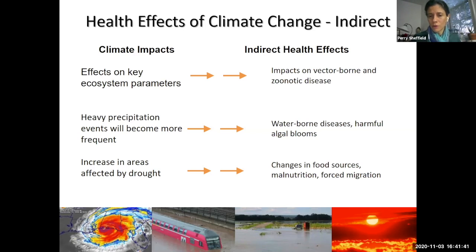There was a water system in Ohio a few years ago that had to shut down its operations because the algae growing in the surrounding lakes feeding their water system had become so overgrown. That's also often fed by fertilizer runoff that fertilizes the algae, so to speak, or causes something called eutrophication. And the third example is that an increase in areas affected by drought could have a downstream effect of changing food availability.